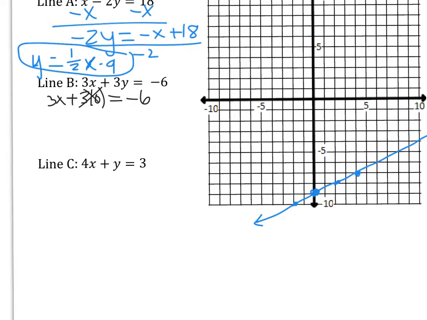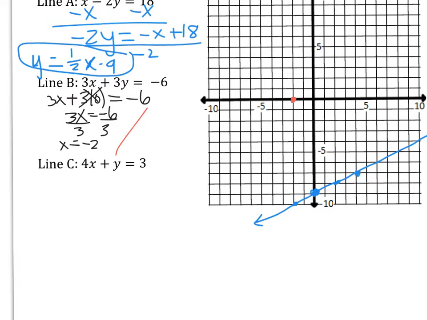Well, 0 times anything is 0, so 3x equals negative 6. Divide by 3, x equals negative 2. So I will go on the x-axis, and I will plot negative 2, which would be right there. When y is 0, x is negative 2.